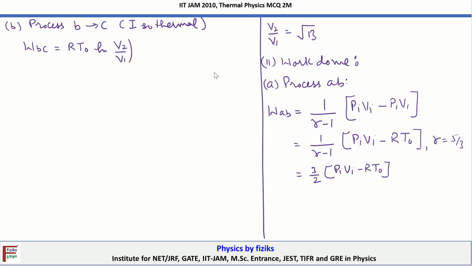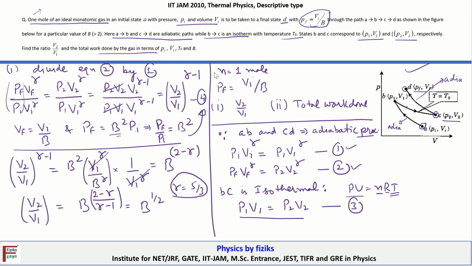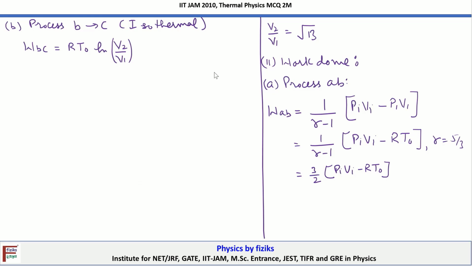Let me show you the picture again so that you can understand it. This process B to C is isothermal in nature at temperature T naught. The coordinates are changing from P1 V1 to P2 V2, so the work done is given by this expression.